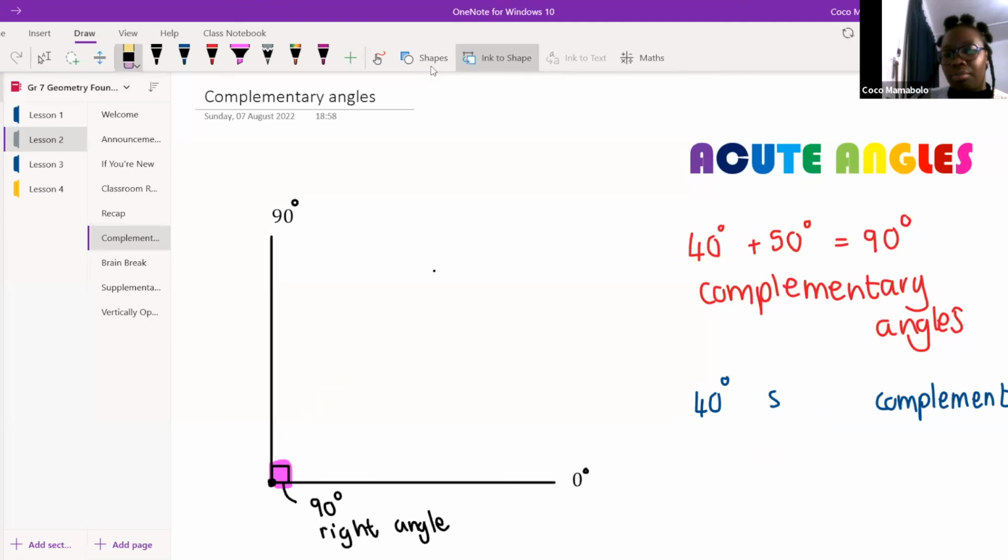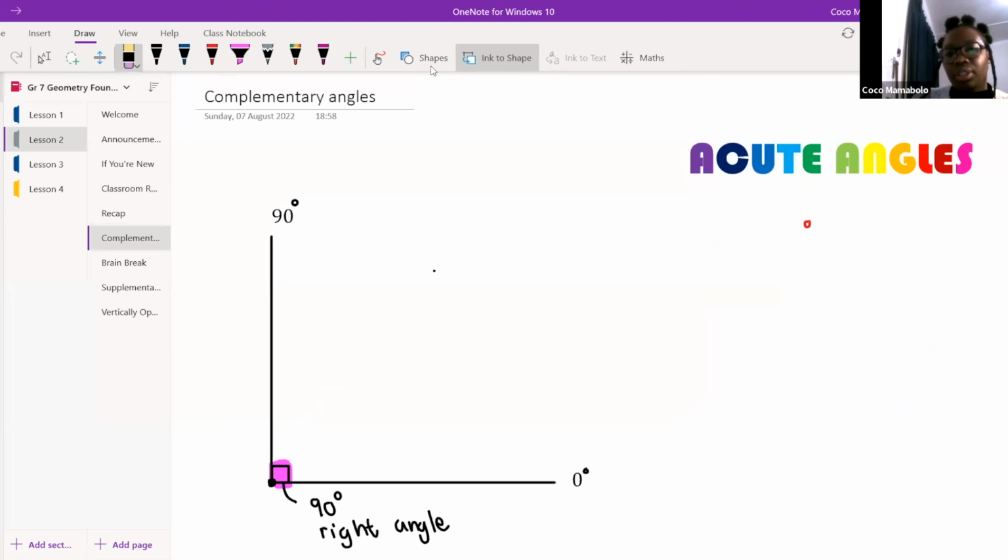I'm going to remove all of this, and it's going to look very similar to the one that we just did. I'm going to draw another line from my vertex out that way. I'm going to make it a little bit smaller. And then I'm going to make this angle 30 degrees.